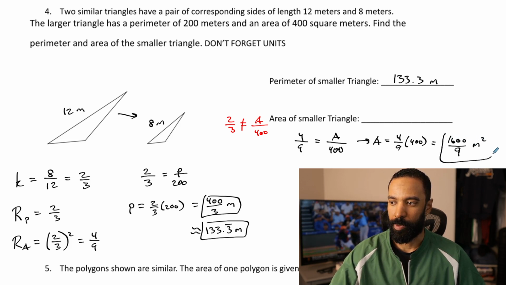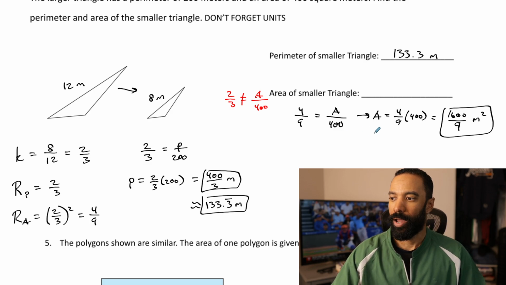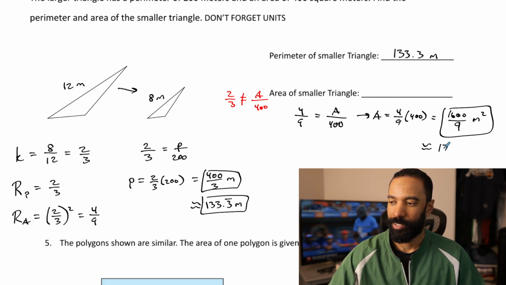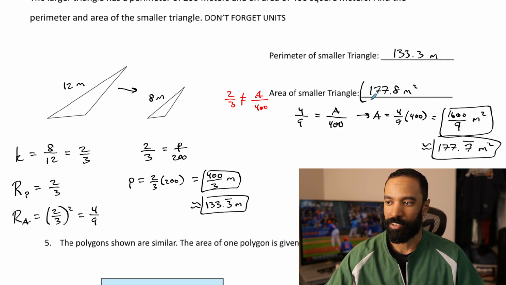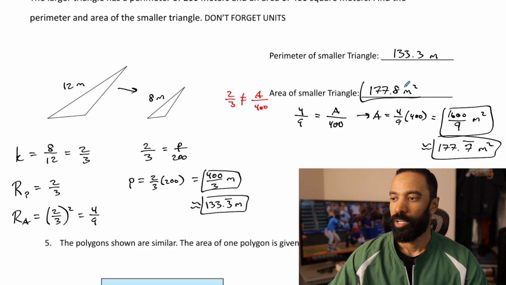This is square meters, by the way. 177.7 repeating square meters. Or, if I round it, 177.8. I won't box it.